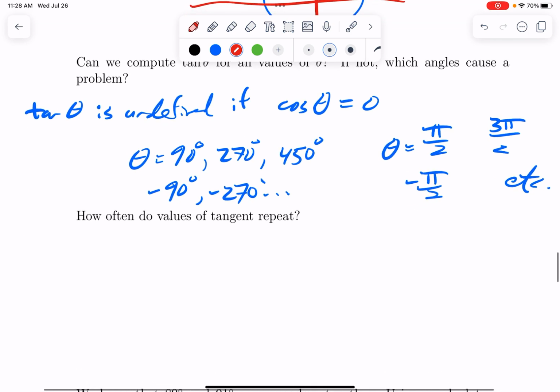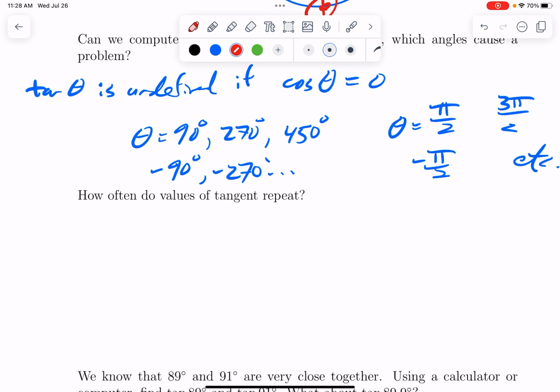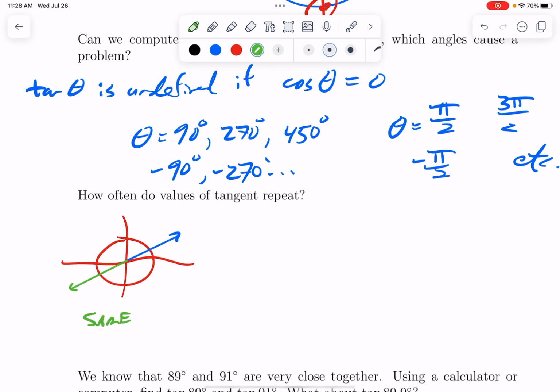Now, how often does tangent repeat? If we think of this in terms of period, with sine and cosine, we have to go all the way around the circle. But with tangent, what we noticed is this one here and this one here, if they point in completely opposite directions, they have the same slope and the same tangent.